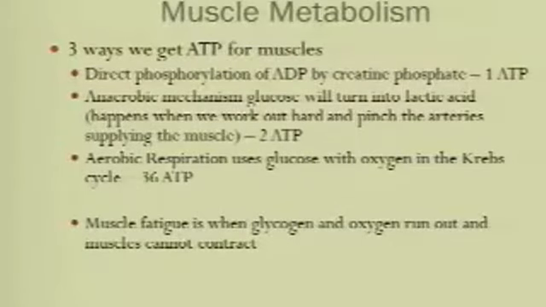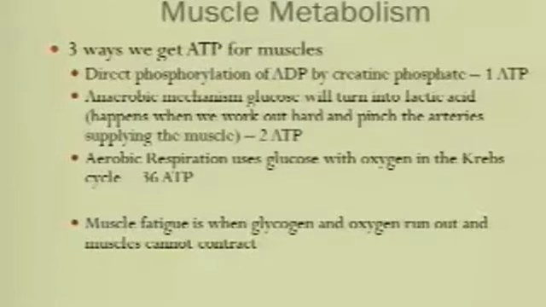Anaerobic mechanisms is when glucose is going to be used through a process called glycolysis, which we'll get into when we get into metabolism in general. Through glycolysis, glucose is going to generate 2 ATP. Now, the thing about anaerobic mechanism is it doesn't have oxygen.